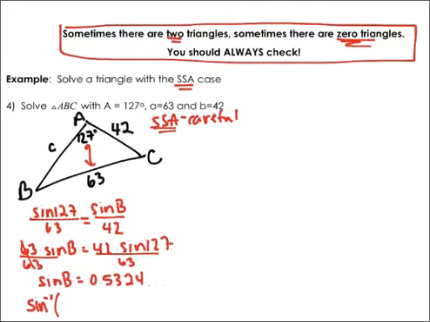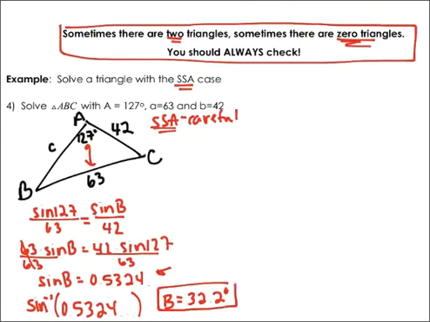And then hopefully you didn't clear that number off, the 0.5324, because then you can just use the up arrow and hit enter, and so after you have sine, the inverse sine, or arc sine, you can just paste or copy this number after it. When you do that, you're going to find that angle B is equal to, and we'll round to the nearest tenth, 32.2 degrees. So go ahead and try that.